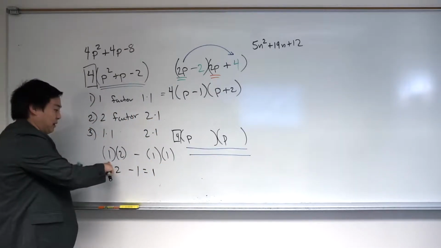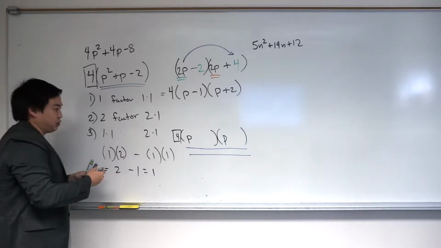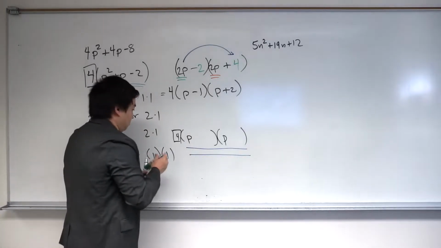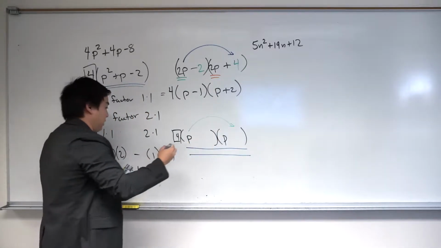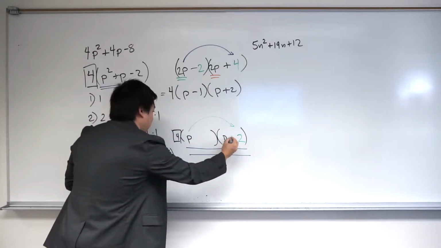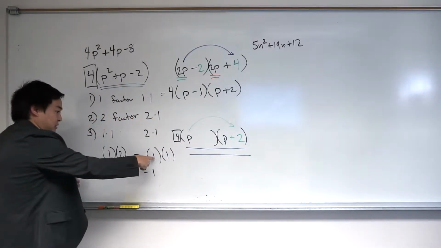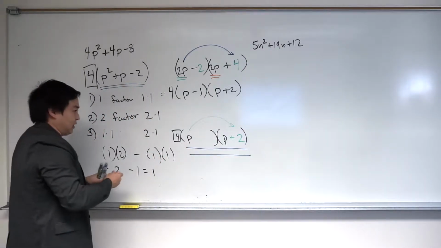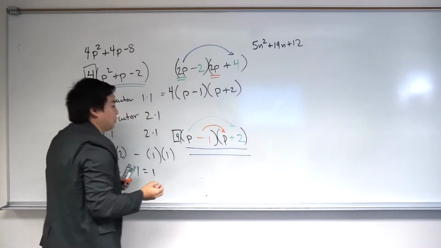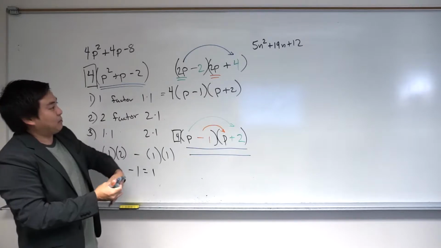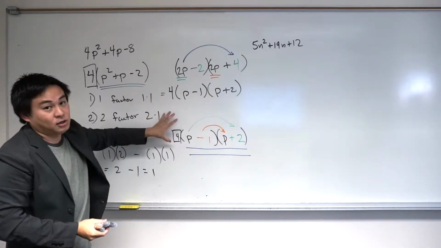The 1, the positive 1, is going to get attached to the 2. So that's going to be a +2. And then the second one is going to be attached to a -1, which is this one. And notice that we get the same answer here and here.